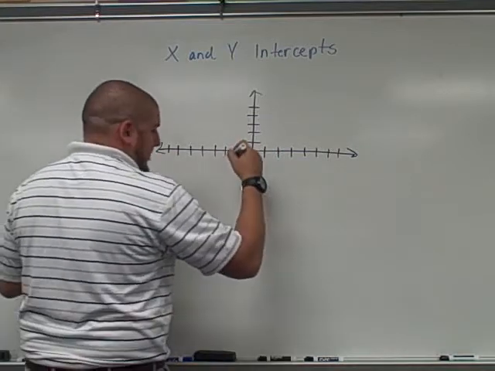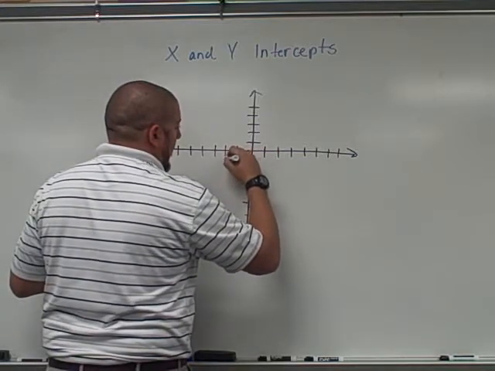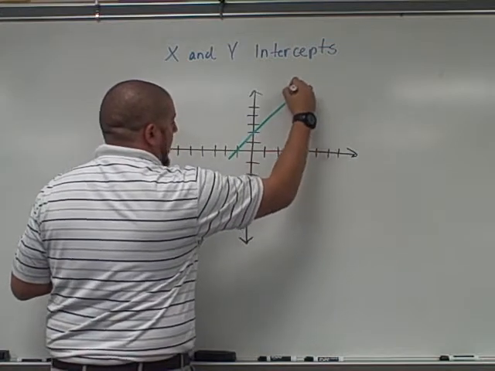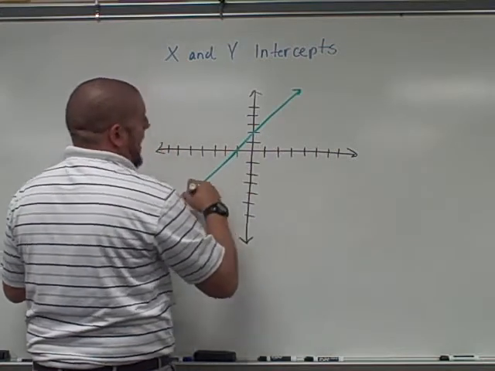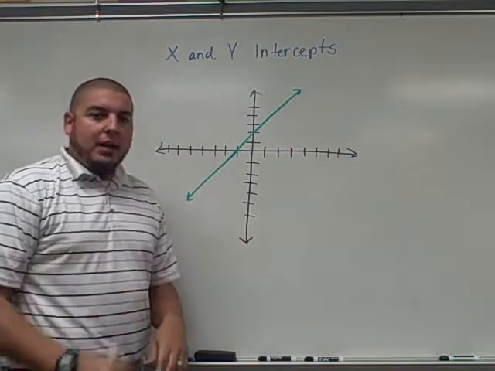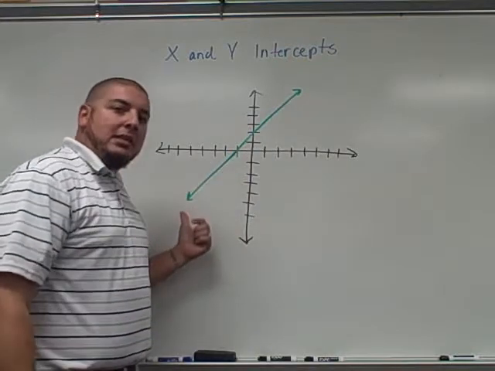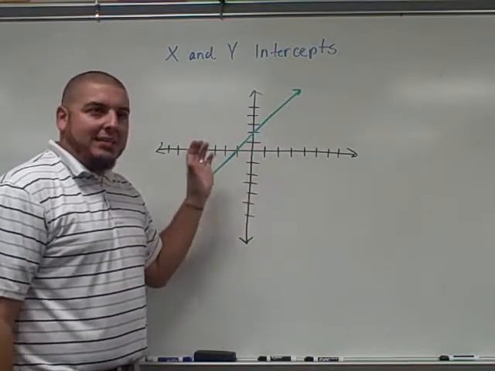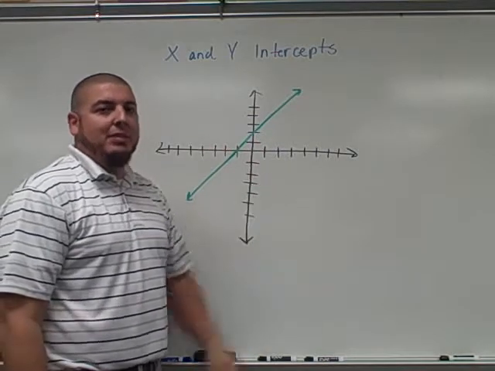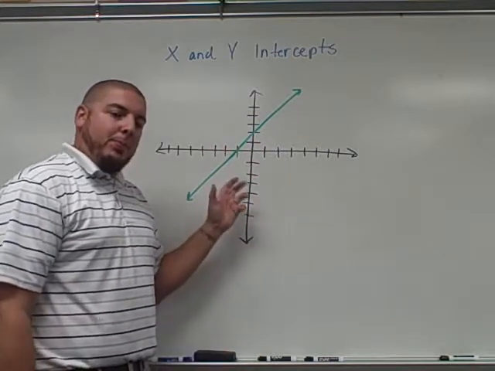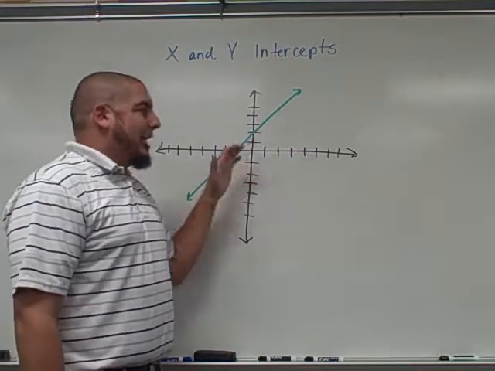If I draw a line, here's my linear equation, or my line. This is my function, okay? Notice how it has 2 arrows at the end and it goes on forever. This is not a line segment. We do not deal with a whole lot of line segments in 9th grade. You need to stop making line segments and make actual functions.